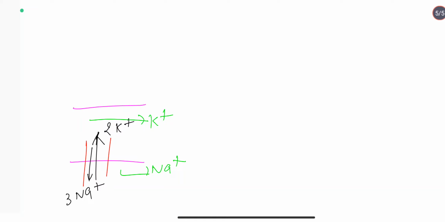I mean that potassium is majorly found in intracellular fluid, so the concentration of potassium inside the cell is more than outside the cell. Similarly, sodium is an extracellular ion, so the concentration of sodium outside the cell is more than the concentration of sodium inside the cell.